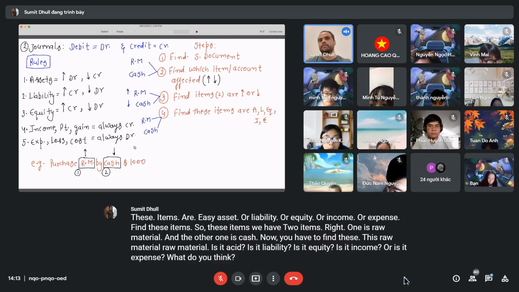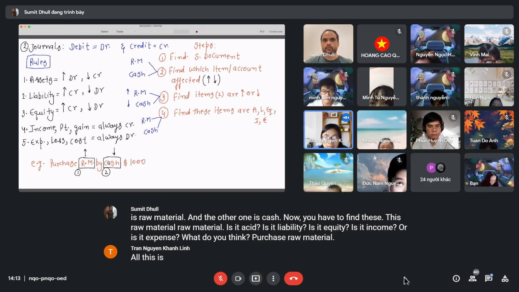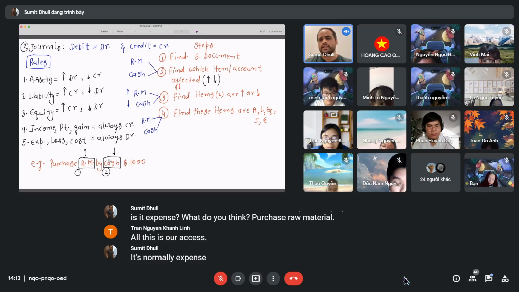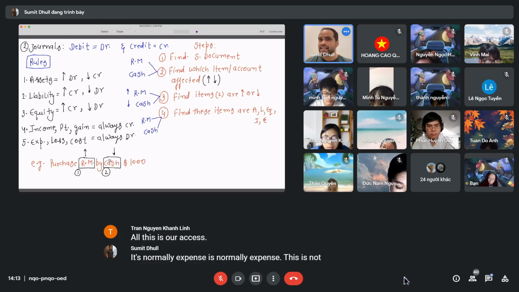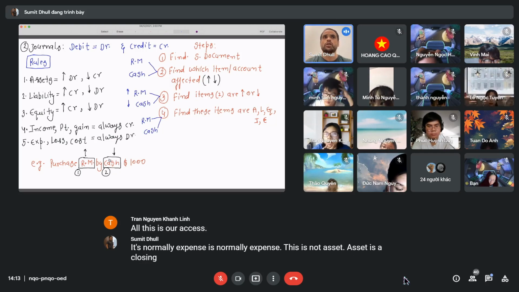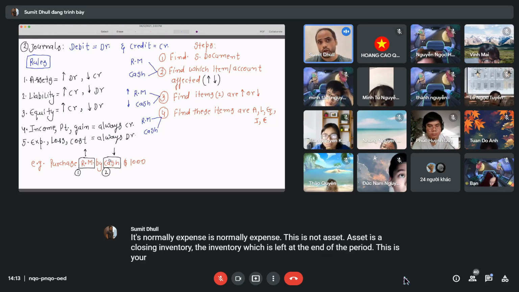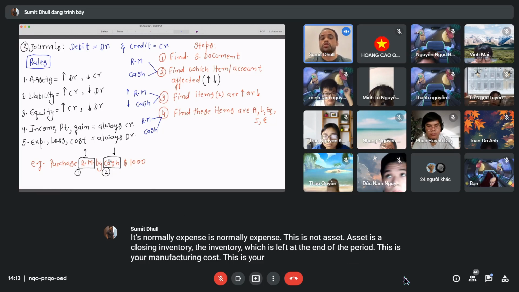Purchase raw material. It's normally expense. This is not asset. Asset is a closing inventory, the inventory which is left at the end of the period. This is your manufacturing cost, your operating cost, cost of material.